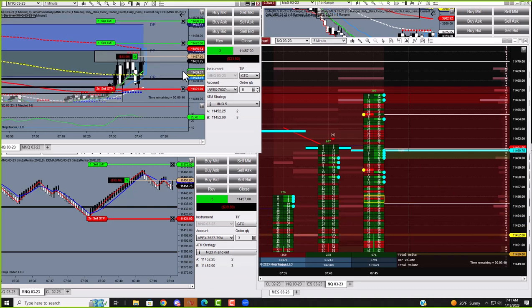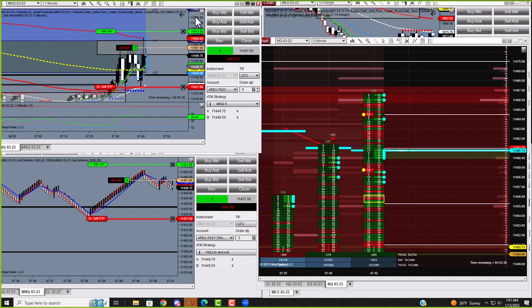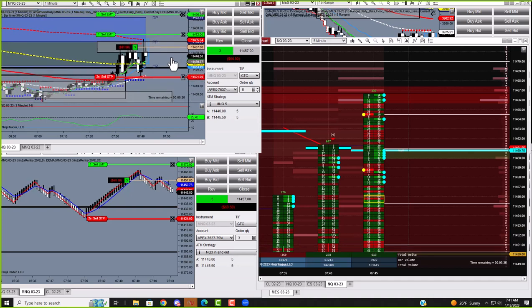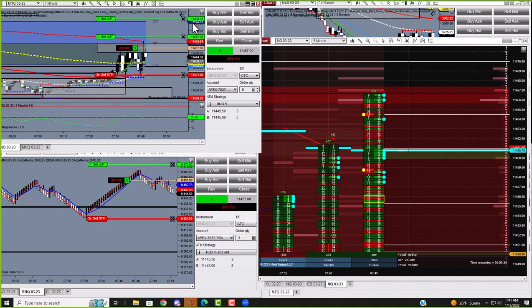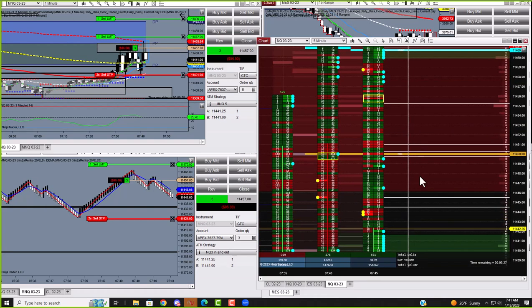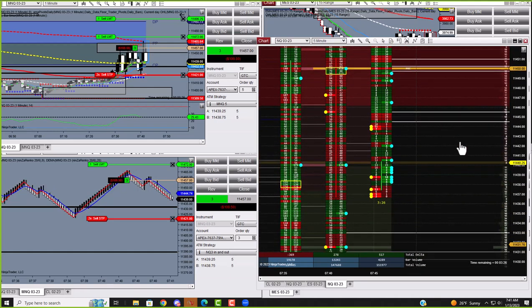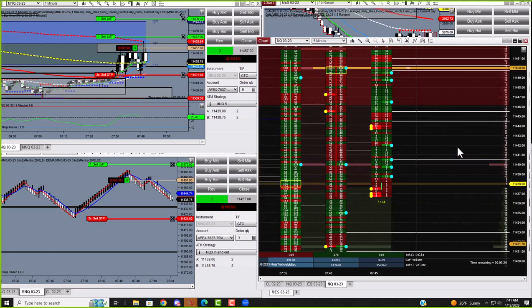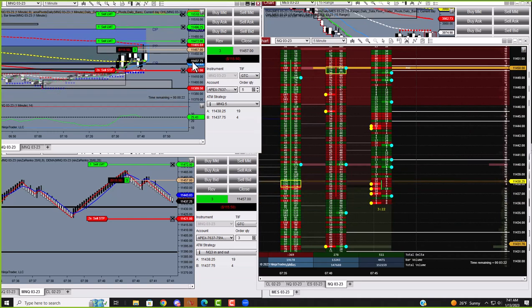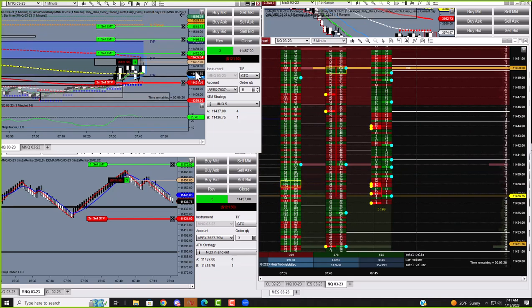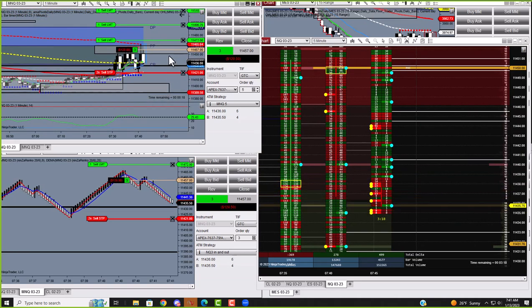And I went from positive to negative now. $12. Come on, let's go now. Nope, sellers whack-a-mole into buyers. All right guys, I may kill this trade. Back 75. Let's see if this level holds.